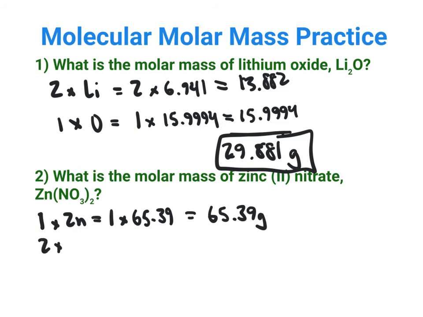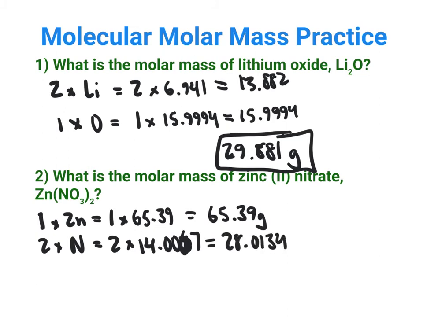I have 2 nitrogens, so it's 2 times 14.0067. This periodic table goes a little bit deeper. So I go 14.0067 times 2, and that is 28.0134 grams. And then there's 6 oxygens. 6 times O is 6 times 15.9994.